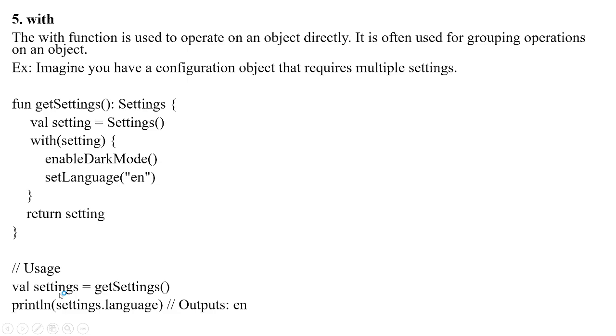When we want to print the language, we use settings.language. You can see it in the example also. We use the with scope function when you have multiple operations to perform on a single object. In real-world scenarios, we can use it to set up a RecyclerView, handle null safety, and all of these things.